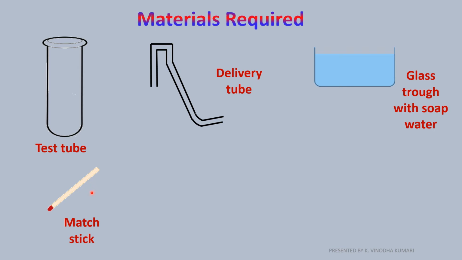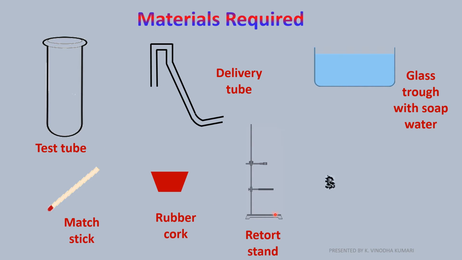Otherwise, you can use a candle also. Here I am taking a burning matchstick for testing the gas which is evolved. This is a rubber cork. This is a stand to which the test tube is to be fixed. Zinc granules. And this is a reagent bottle which is having dilute HCl in it. So these are the materials which we are going to use in our activity.